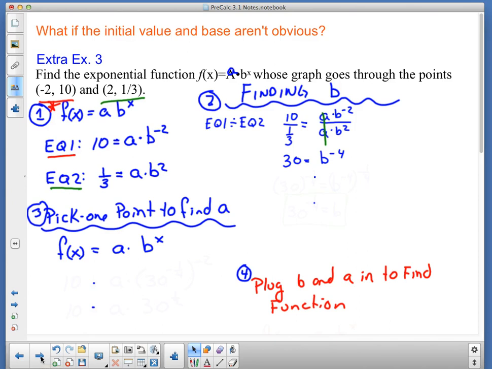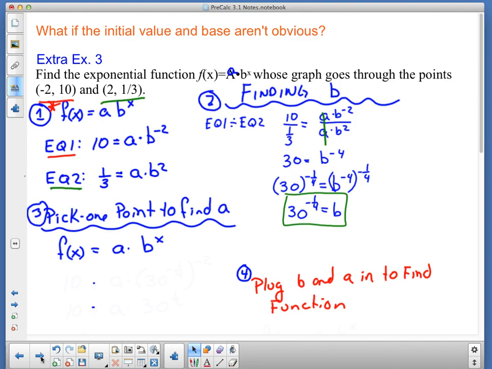I can just multiply by negative 1/4 on both sides and find out that 30 to the negative 1/4 power is equal to b, because this will multiply to be just b there. Now, when I saw this method, I thought, hey, that's pretty cool. That's a really quick, down and dirty way to get my one single solitary variable.